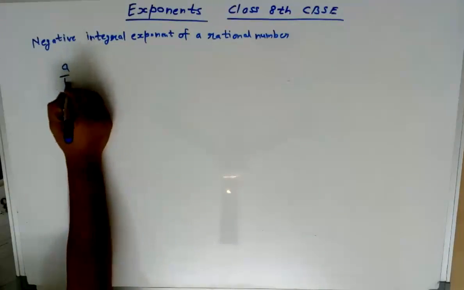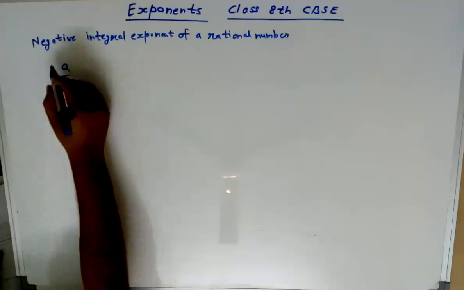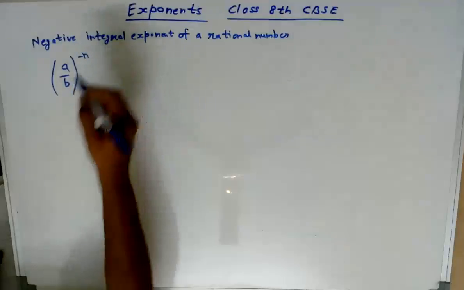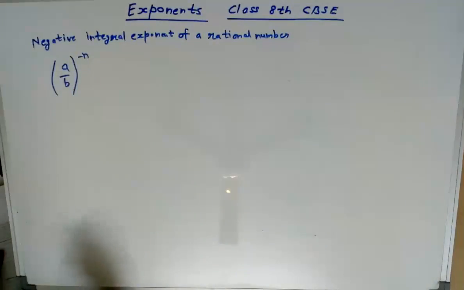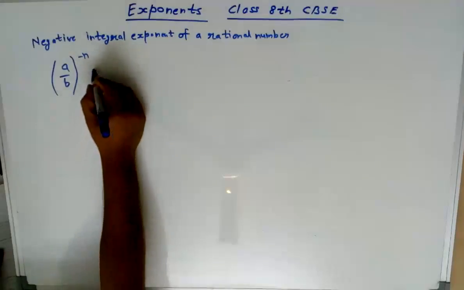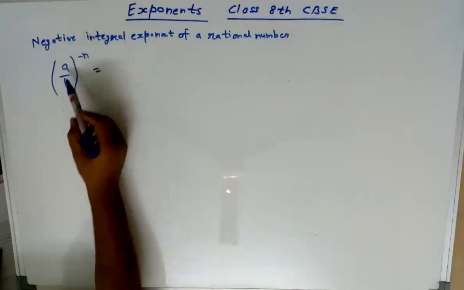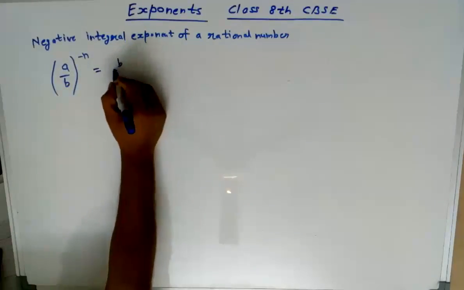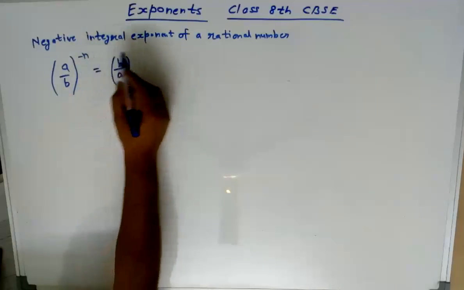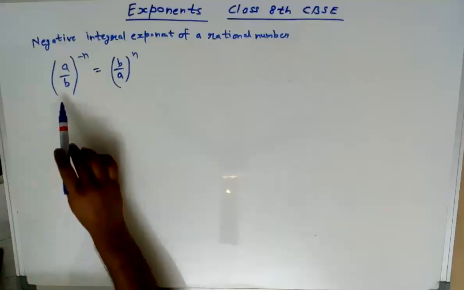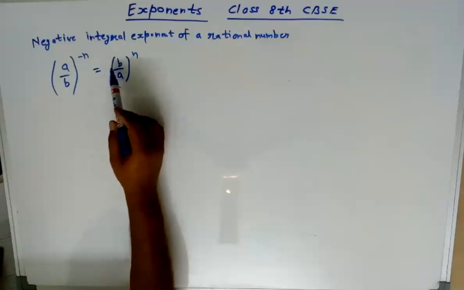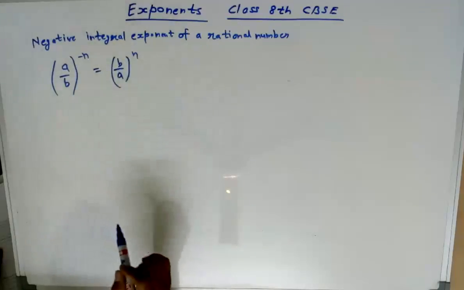Suppose a upon b is a rational number. Now its power, or its exponent, is a negative integer. Then it will become like this: a upon b, we will take the inverse of a upon b, that is b upon a, and the power will become positive. That means if a rational number has a negative power, then it will be equal to the inverse of the same rational number with positive power.